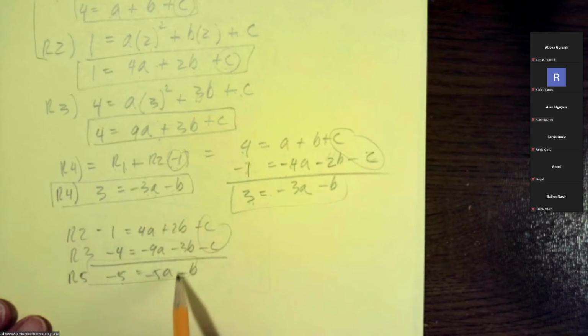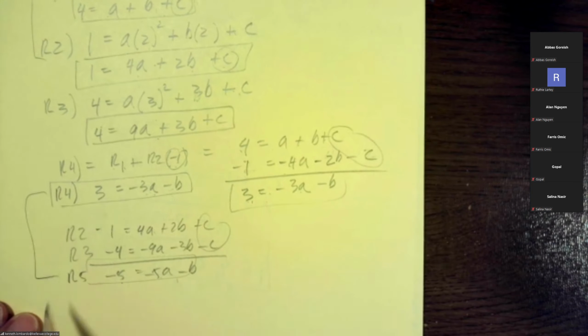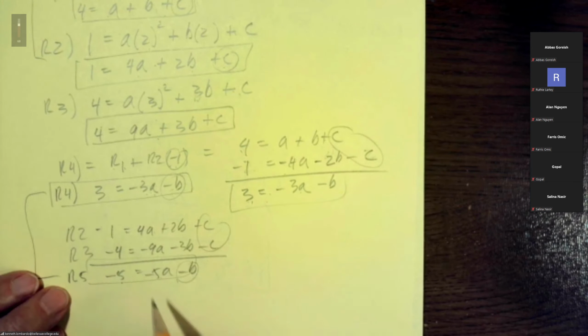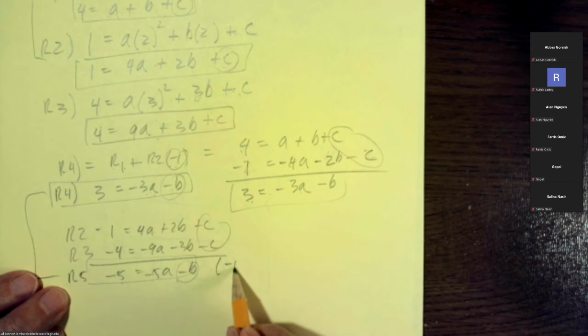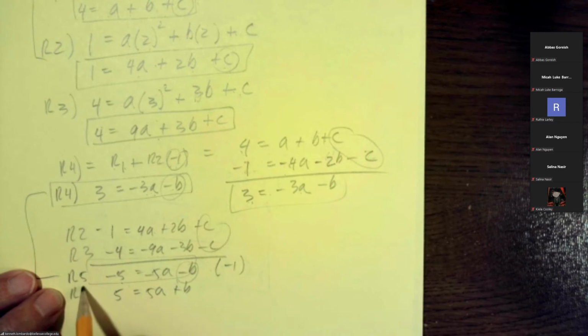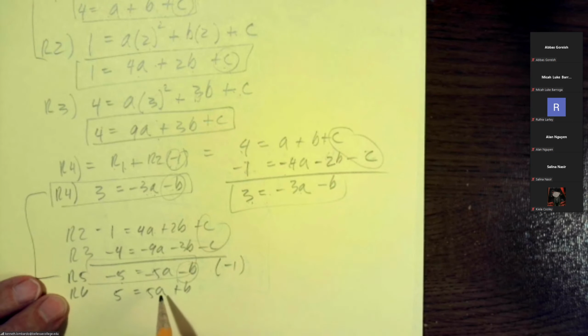Now I want to combine row 4 and row 5 and see if I can eliminate a variable. Here's row 4 and 5, and it looks like I've got a B over here that could go away by multiplying this by -1, couldn't I? So I could say this becomes +5 equals 5A plus B. Maybe I call that row 6.